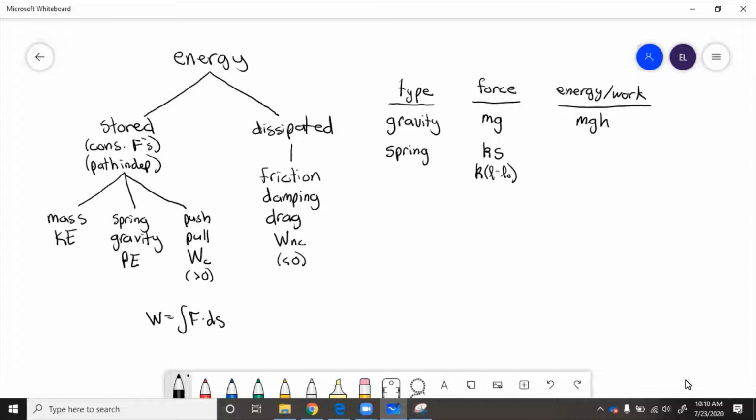So then that energy is 1/2 k s squared, the integral of force over distance. Then in a mass, we have kinetic energy. The force from a mass moving is going to be ma, and its energy is 1/2 mv squared.